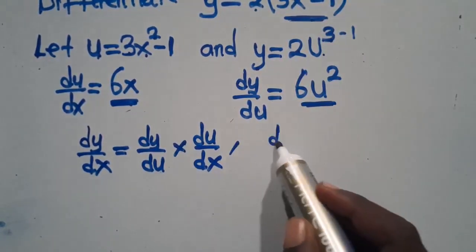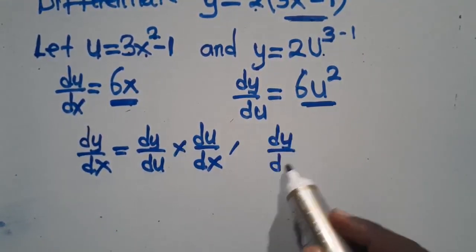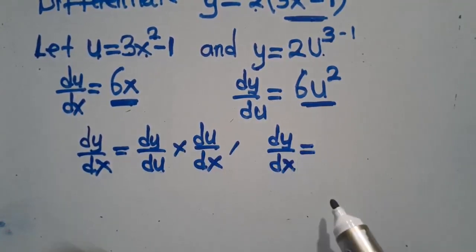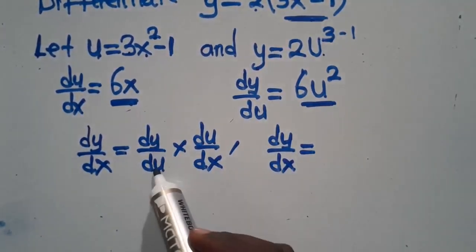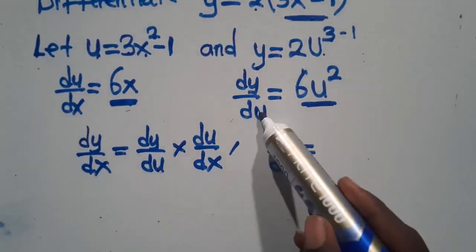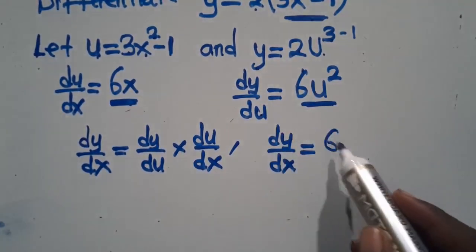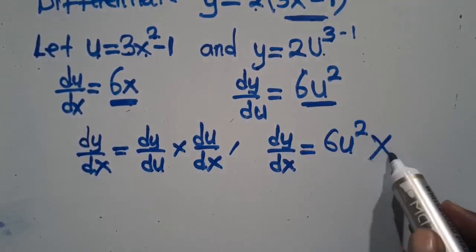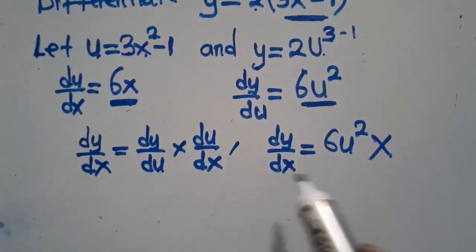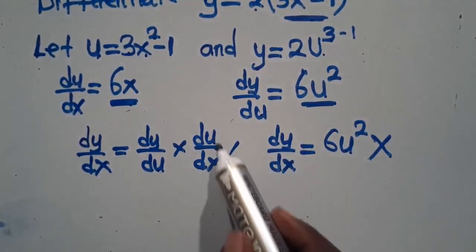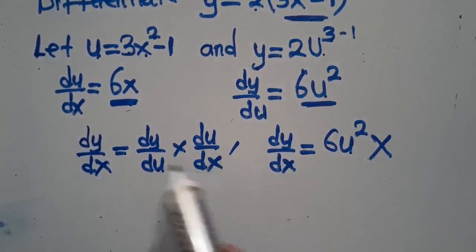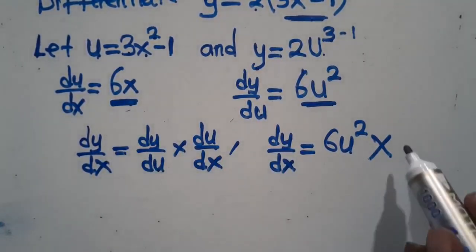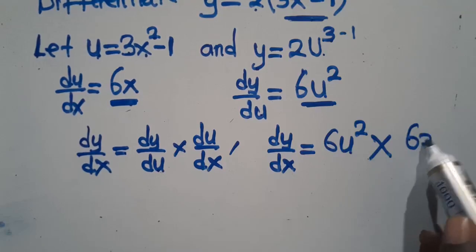So dy/dx is equal to, where is dy/du? dy/du is here, which is 6u squared, times du/dx. Where is du/dx? du/dx is here, which is 6x. So you put 6x there.